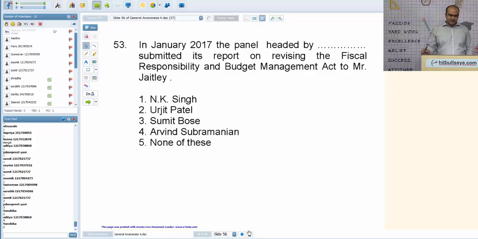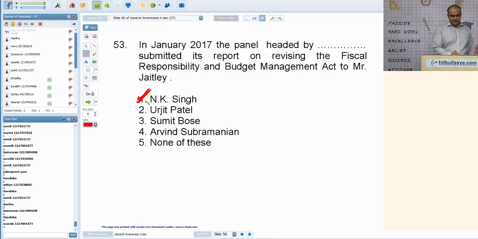In January 2017, the panel headed by which leader submitted its report on revising the Fiscal Responsibility and Budget Management Act to Mr. Jaitley? This particular report was submitted by Mr. N.K. Singh, a senior bureaucrat in the Government of India. Now, Fiscal Responsibility and Budgetary Management Act was passed in the year 2003. It restricts the amount of loans that a government can take, right?